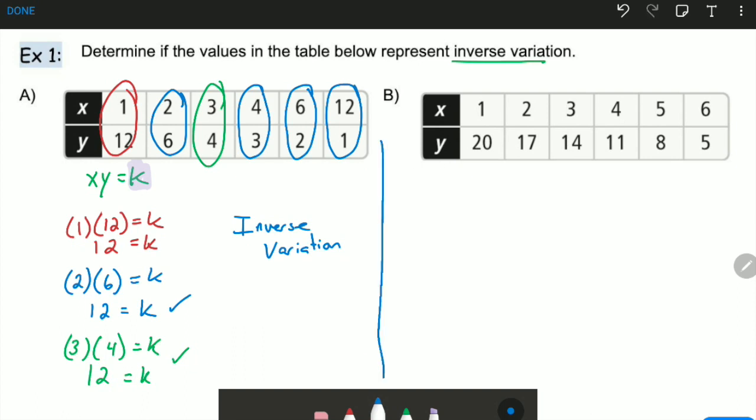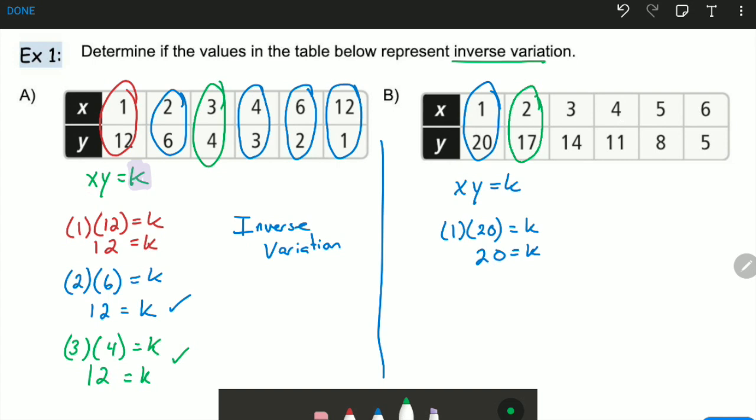We do the second example here, doing the same thing using xy equals k. So we'll just multiply our x and y values. So 1 times 20. If we multiply them, that means k is going to be 20. If we check the next point, it's 2 and 17. So 2 times 17, x times y equals k. 2 times 17 is 34.